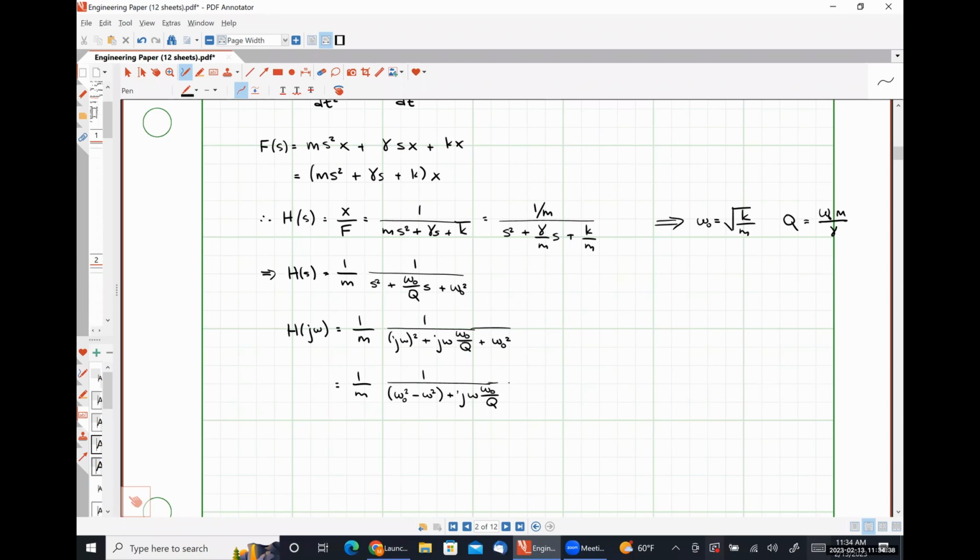And we'll see why I'm doing this in a minute, okay? So to break this thing up into its real and imaginary components, I'm going to multiply by the complex conjugate of the denominator over the complex conjugate of the denominator. So that's just going to be a factor of omega naught squared minus omega squared minus j omega times omega naught over Q, over this exact same thing.